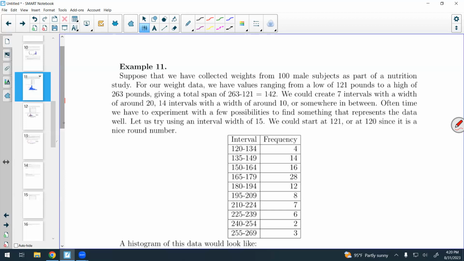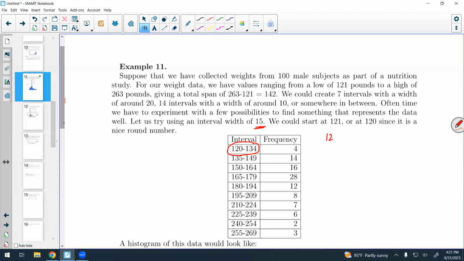So here's the thing to notice. How wide is that interval? Did you say 14? No, we want 15. But think about this now.